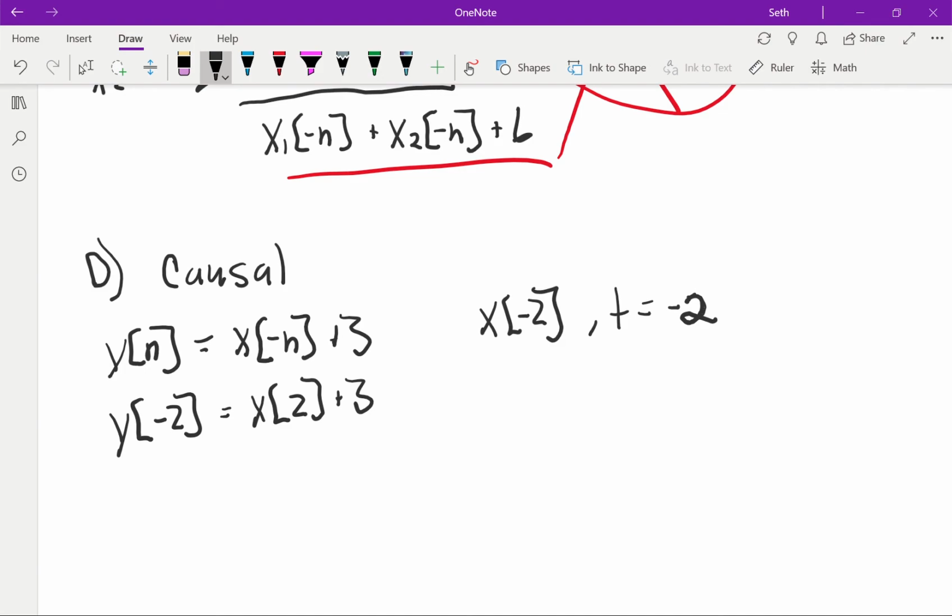But we can clearly see that our current input is x of minus 2 at n equals minus 2, and our output y of minus 2 depends on a future input, x of 2. So this is not causal.